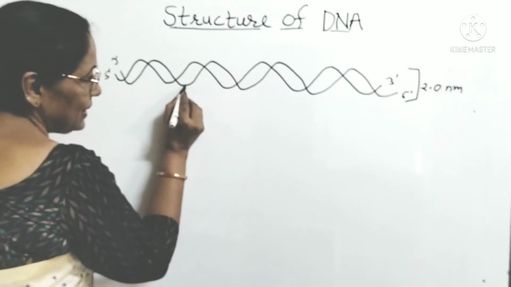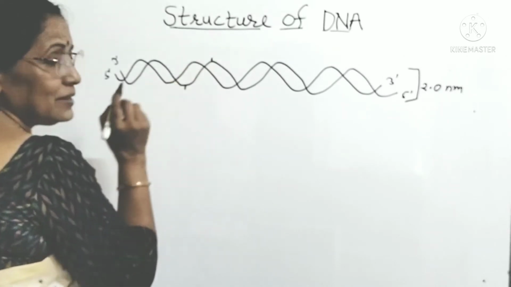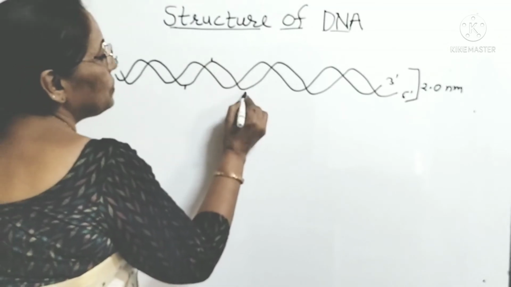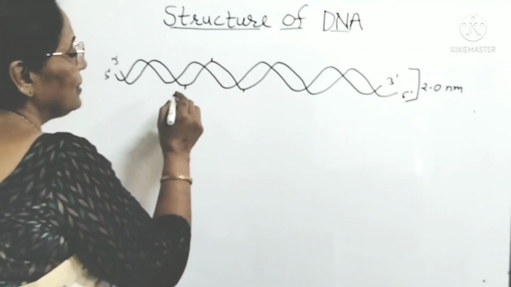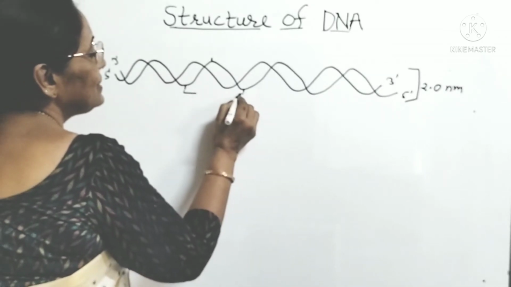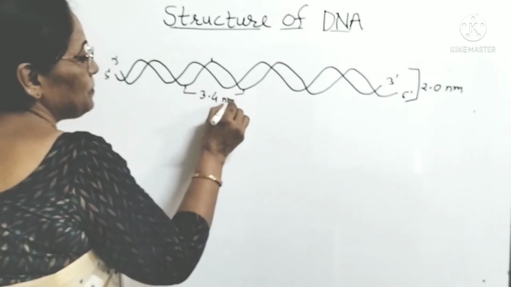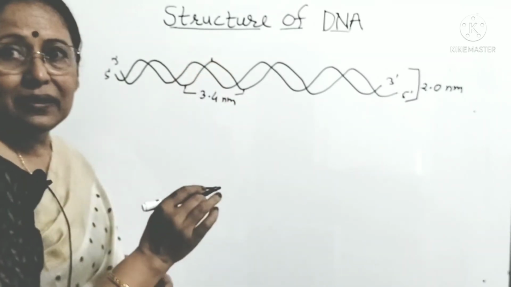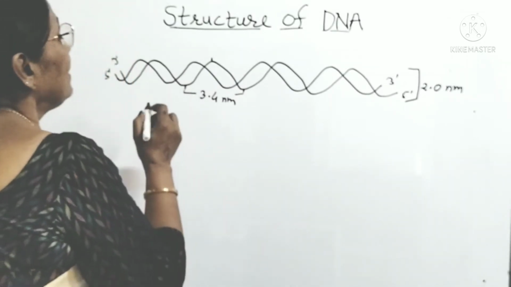If you put a finger here and it moves up and comes here, this is not 1 turn, this is half turn. It moves down and here it completes 1 turn. This much is 3.4 nanometer, and in this 1 turn there are 10 pairs of nitrogen bases.